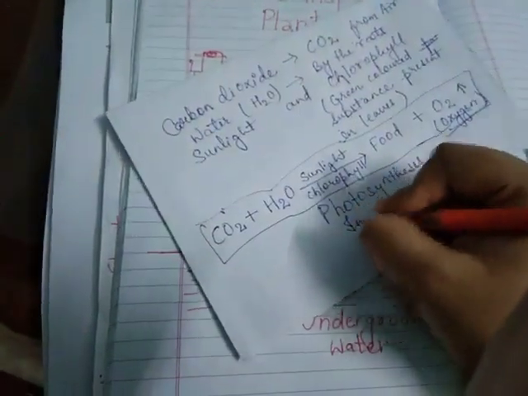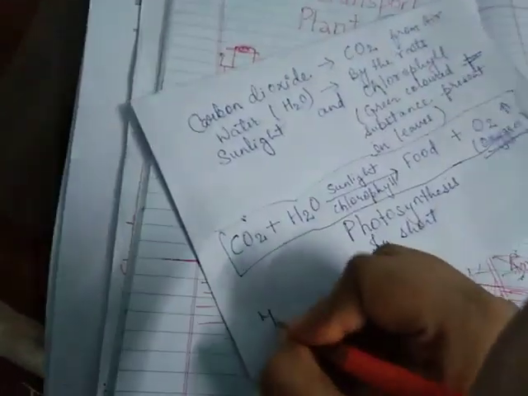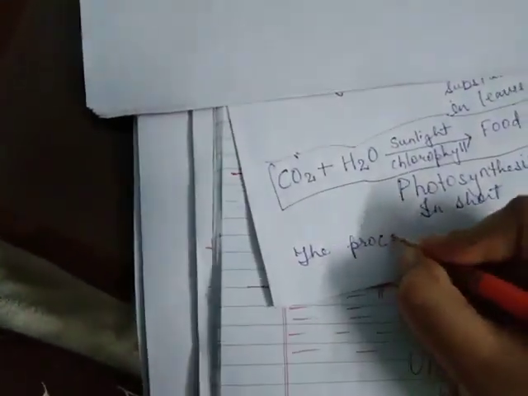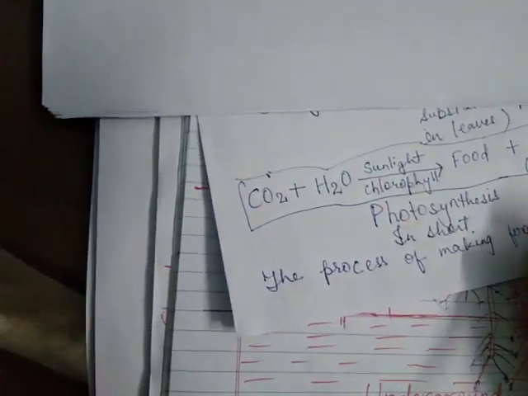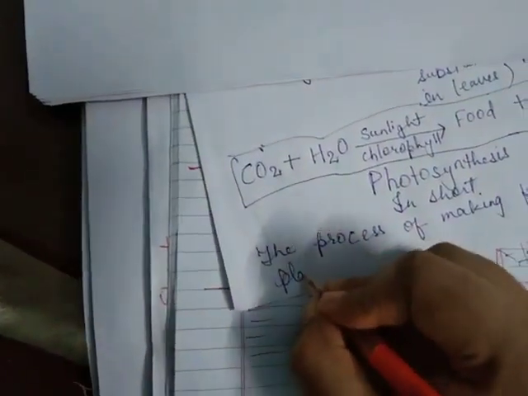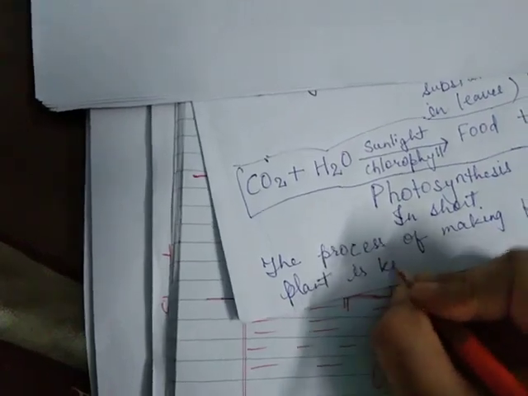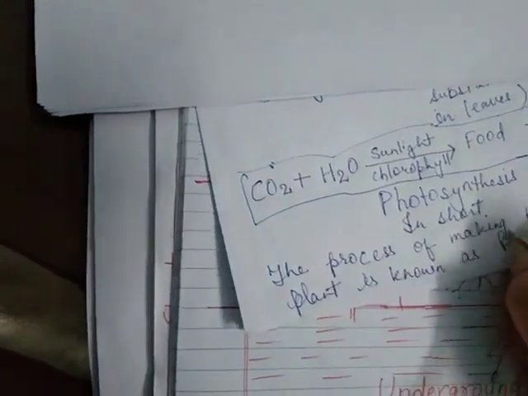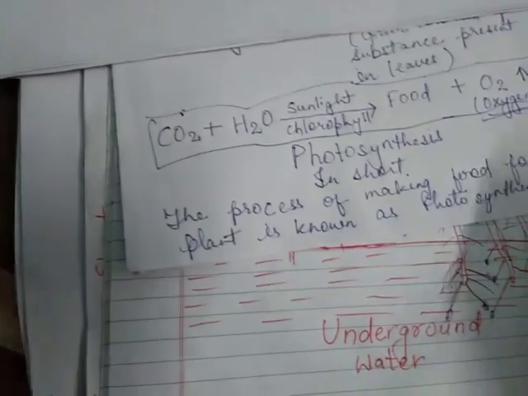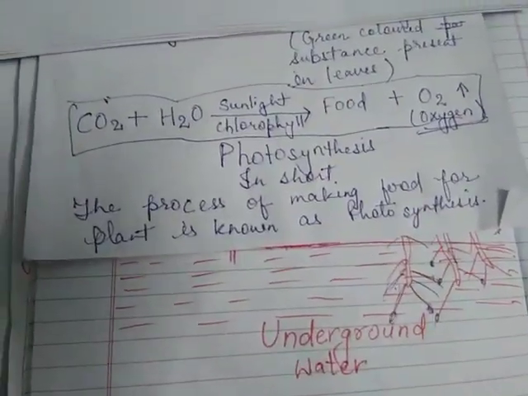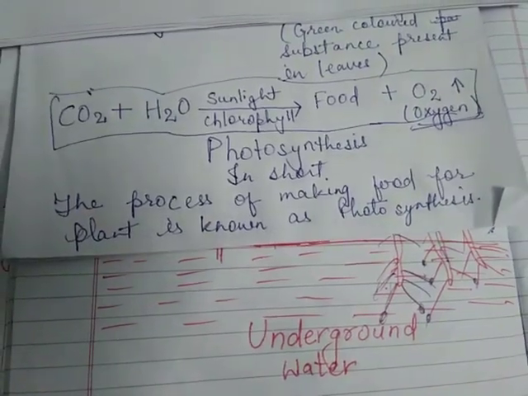In short, the process of making food for the plant is known as photosynthesis.